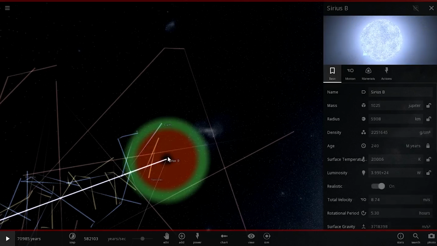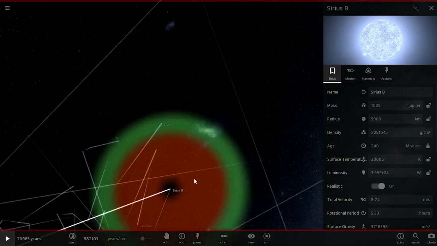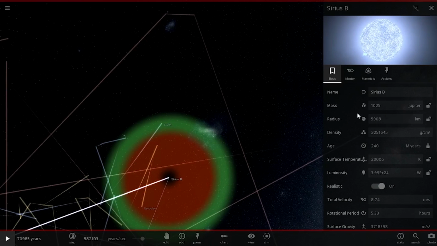So again, this is a bad star because it doesn't emit as much energy as a yellow star like ours. Even though it has a higher surface temperature, it doesn't actually emit it. It keeps it in itself. And it's a very small star as well. It's 1,000 times that of Jupiter. But compared to the Sun, it's almost got the same mass, but the radius, I'm sure, is not even close to that of the Sun.